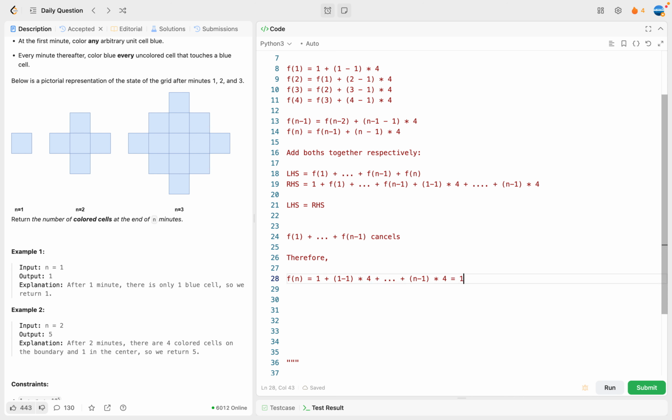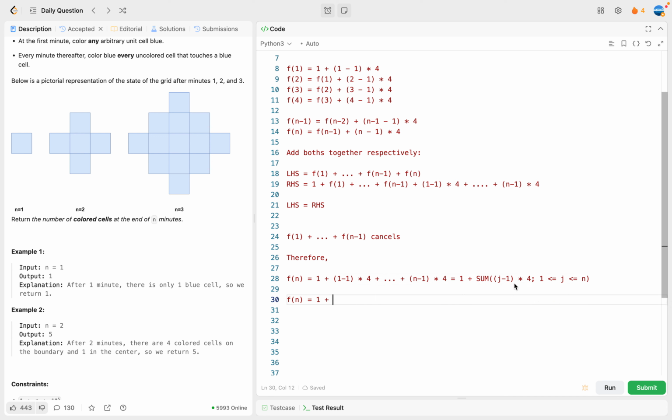Let me write it in terms of summation: the sum of (j minus 1) times 4, with j from 0 up to n. This is a very simple summation. Let's compute that: fn equals 1 plus the sum. I can also start from j equals 1, since the j equals 0 term is excluded.